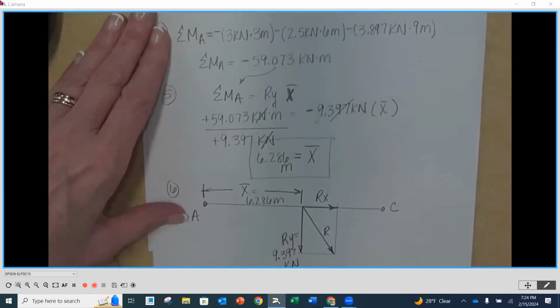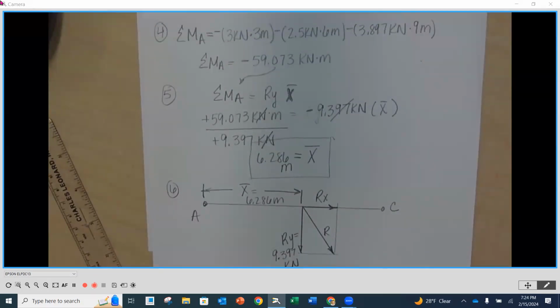Then we set those moments equal. Now, you have to look at which component is perpendicular to the point in the direction you're looking at. The two that we did have been X bars. When you do 16, you're doing a Y bar, so it's going to be the X component that you're going to be using multiplied by Y bar. Does that make sense to everybody?